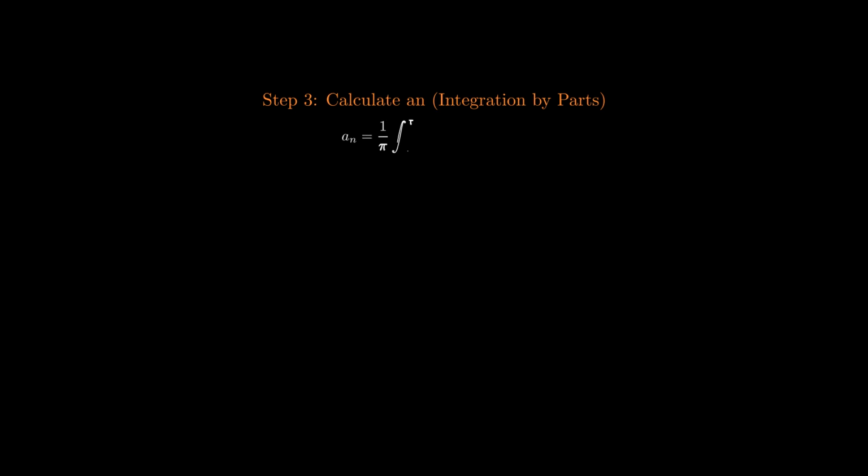Next we find an. We split the integral into two parts, where I1 is the integral of t squared cosine nt, and I2 is the integral of t cosine nt. We will evaluate both using integration by parts with the LIATE rule.